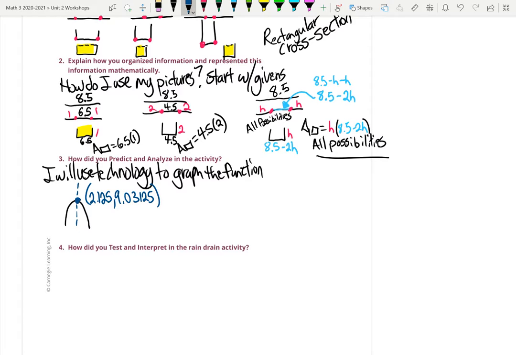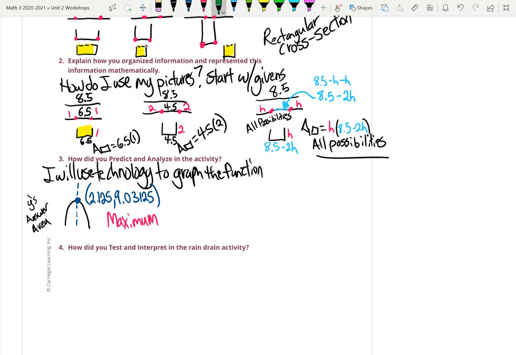Now, the reason why I'm looking at this specific point is you have to remember what I'm searching for. I want to find the maximum area. I want to find the greatest amount of area. The output, the y's, the answers is all area.